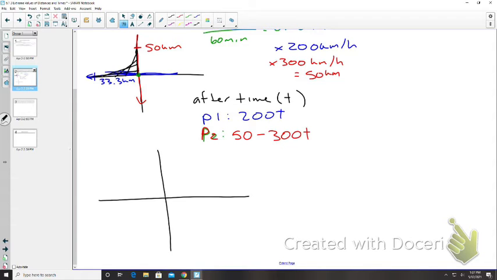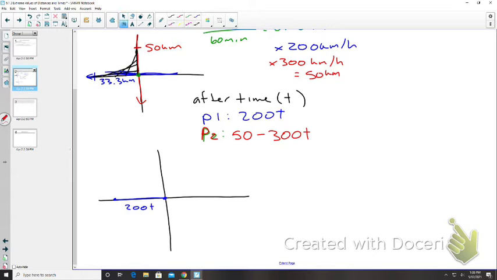Let's say that our blue guy starts right at the origin now. So this is our time 0, right when the blue plane passes over the house. The distance the blue plane can fly during time t is 200 t.